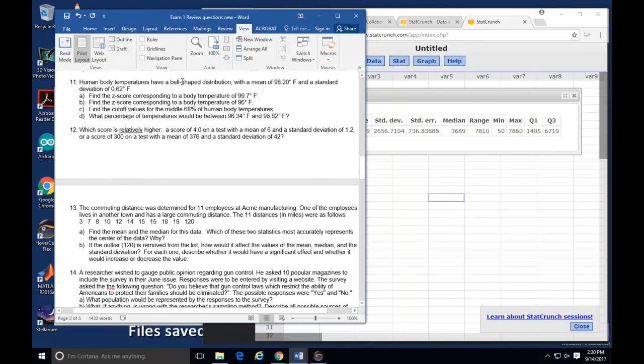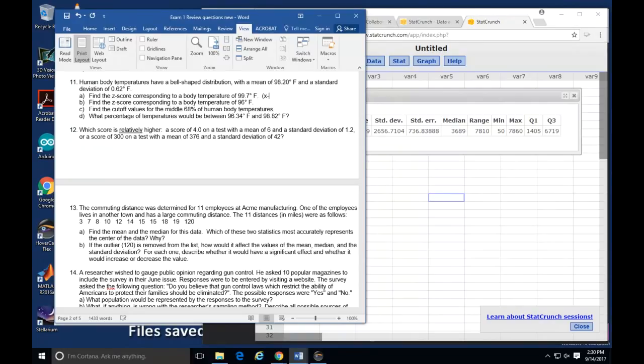So if we have basically a bell-shaped distribution with a mean of 98.2 degrees and a standard deviation of 0.62 degrees, and we're trying to find the z-score for a body temperature of 99.7 degrees, the data value that you're given is the x in the z-score formula. Remember, the formula looks something like this.